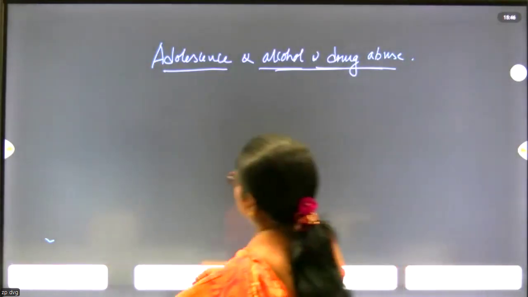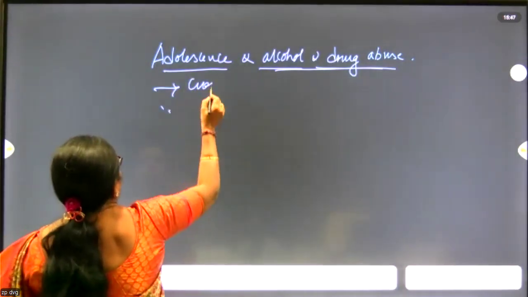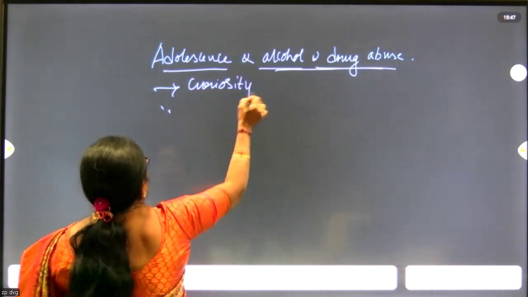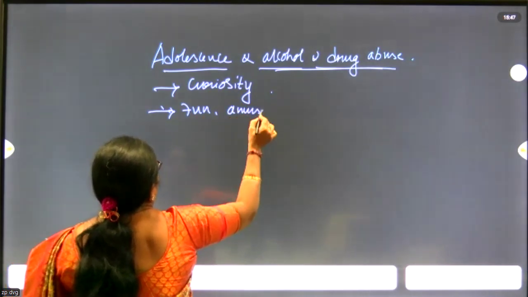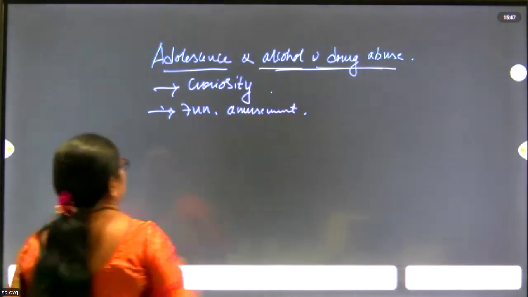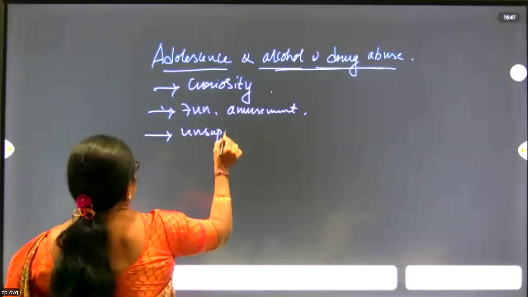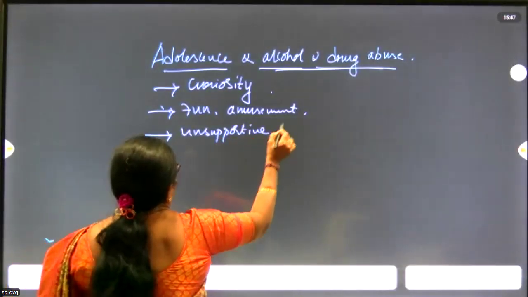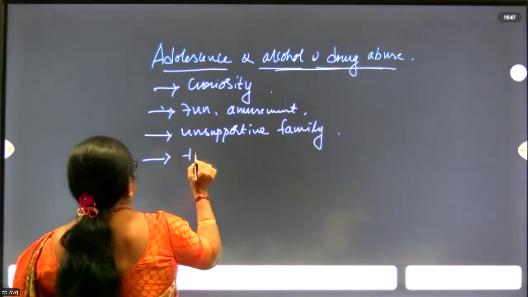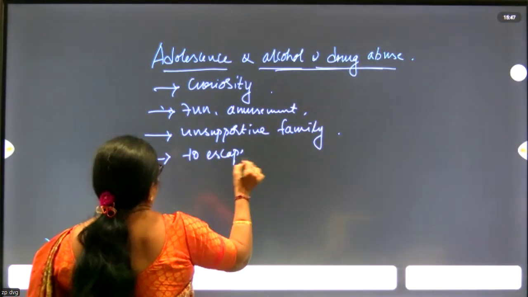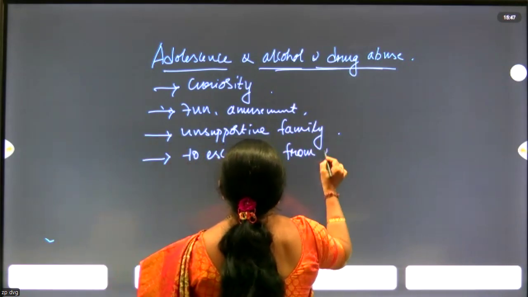The first one is maybe curiosity, excitement, fun, amusement, an unsupportive family, escape from responsibilities.